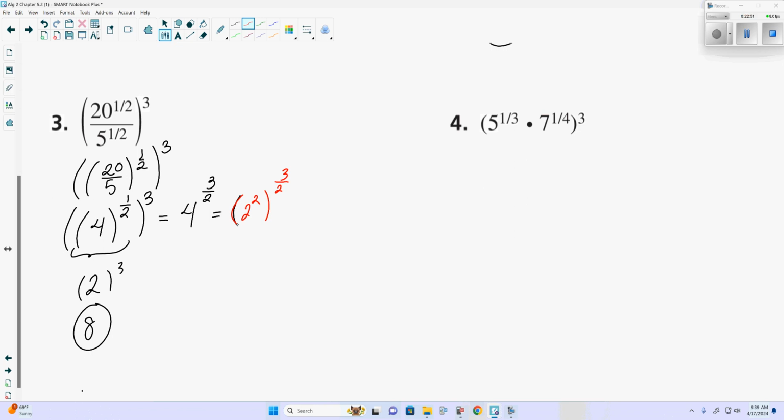Powers of powers do what? 2 times 3/2 is 3, which is 6/2, which is 2 to the 3rd, which is indeed 8. I will take either.